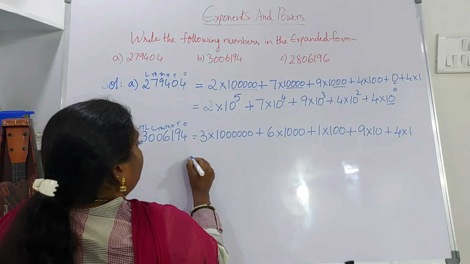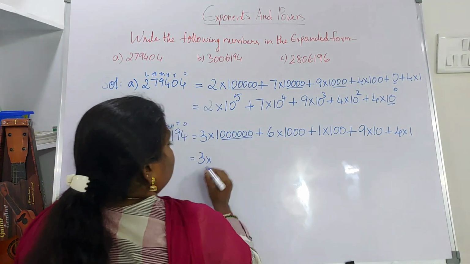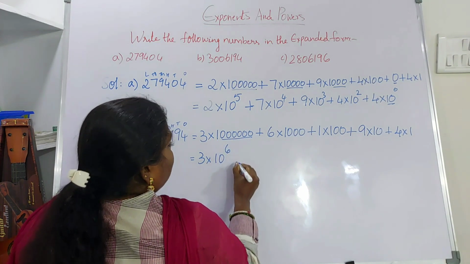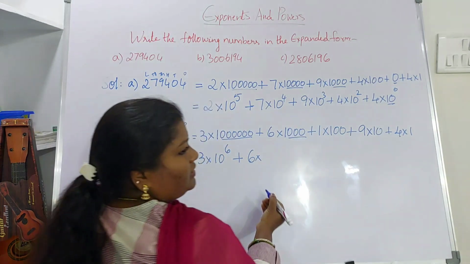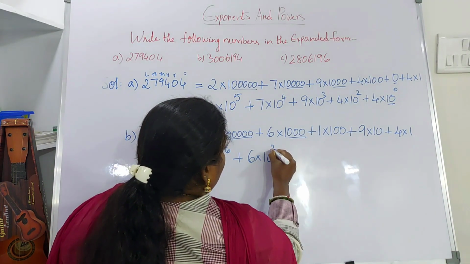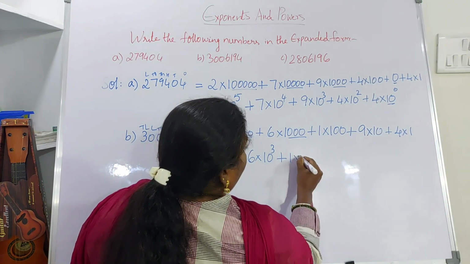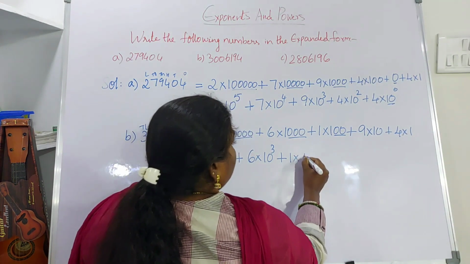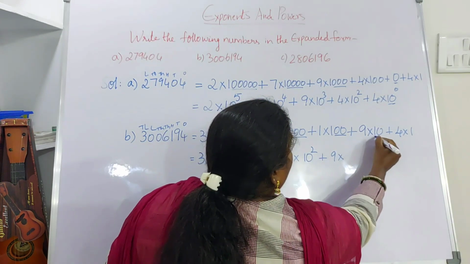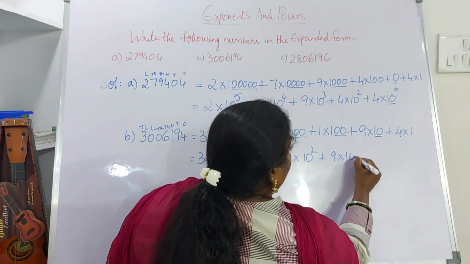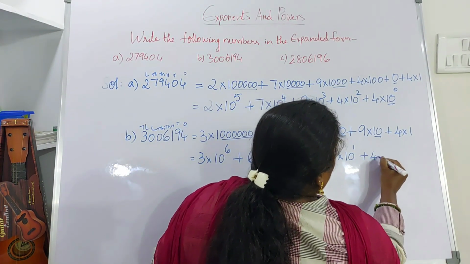Now let me write in exponent form. 3 into, now 1 followed by 6 zeros, so 10 to the power of 6, plus, now here 6 into 1 followed by 3 zeros, that is 10 cube, plus, now here 1 into 1 followed by 2 zeros, so 10 square, plus 9 into 10 to the power of 1, plus 4 into 1.